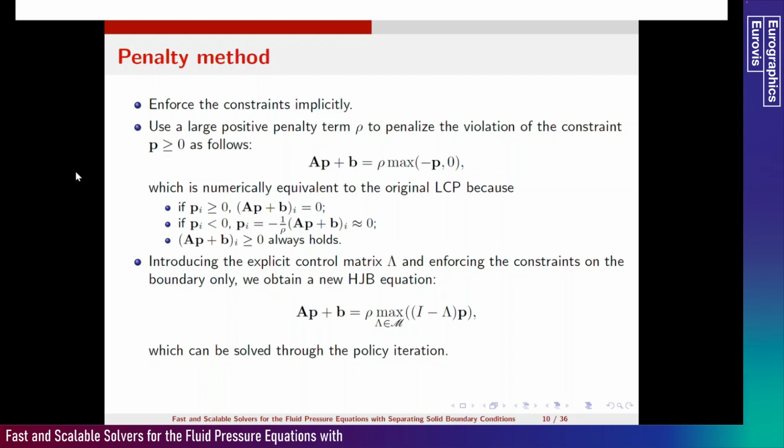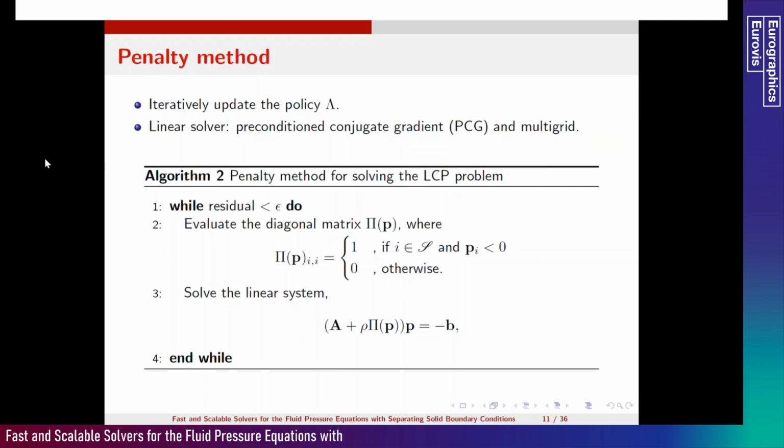Otherwise, its value has to be very close to 0 due to the large penalty term. Introducing the control matrix lambda, we write this equation into an HJB equation in the matrix form, so we can solve it using the porosity iteration. Like the porosity iteration, the penalty method also requires solving a linear system in each iteration. The solver can be either PCG or multigrid.